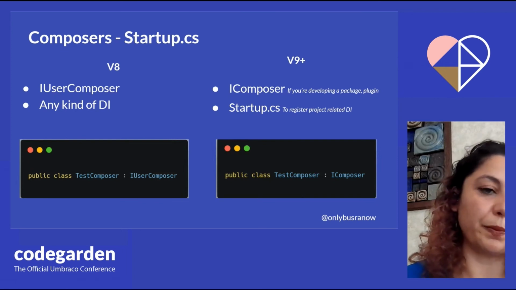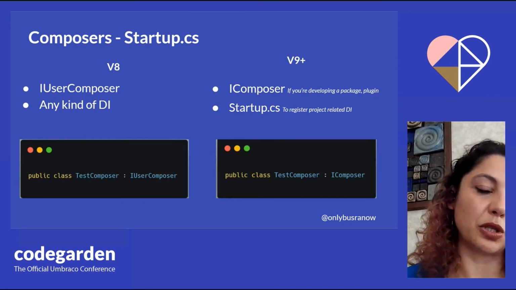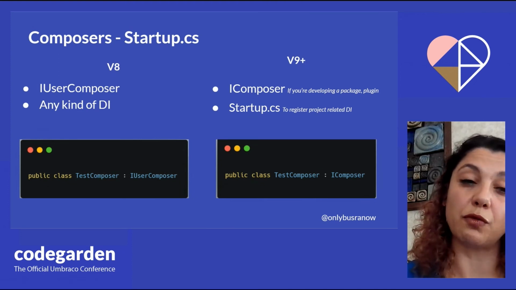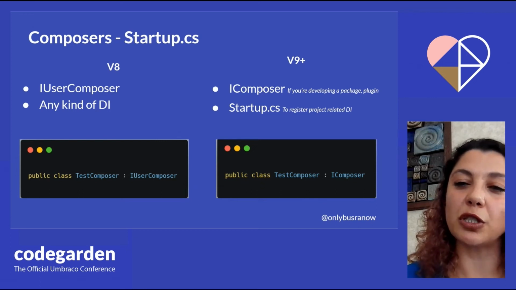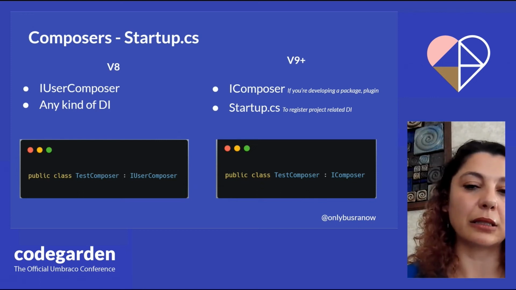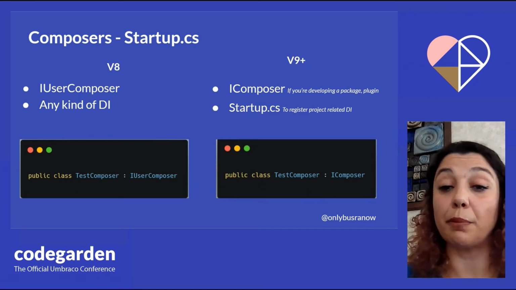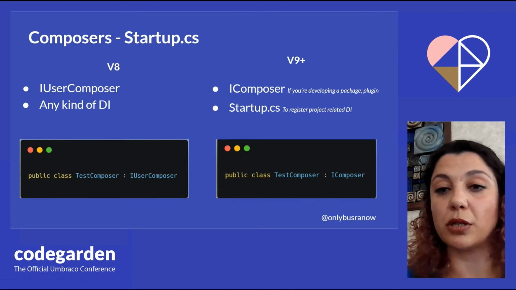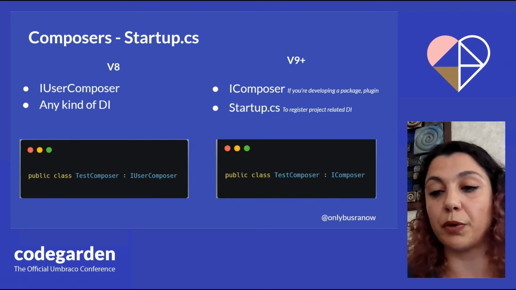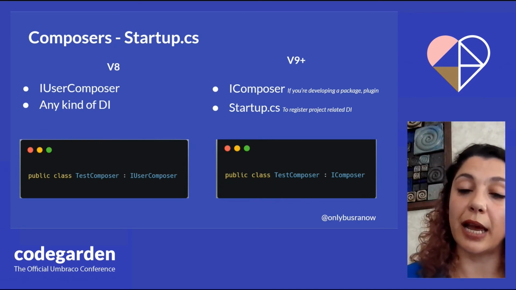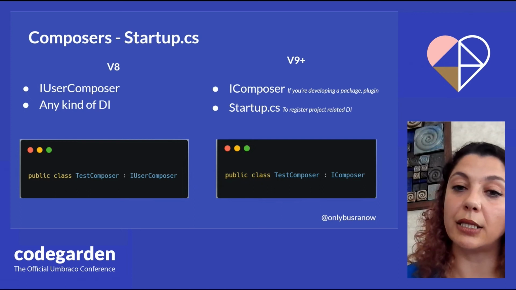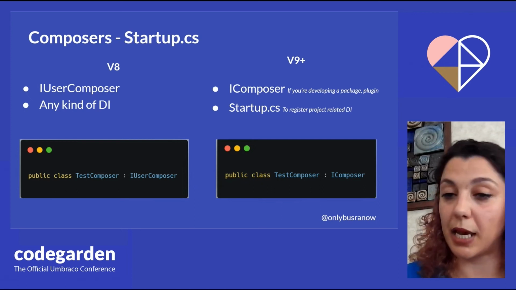In Startup, what we did was create a new service or a composer using IUserComposer on version 8 for any kind of dependency injection. And with version 9 and plus, you can pick both of them: either create your composers using IComposer, or you can create your service and just register it with Startup.cs.